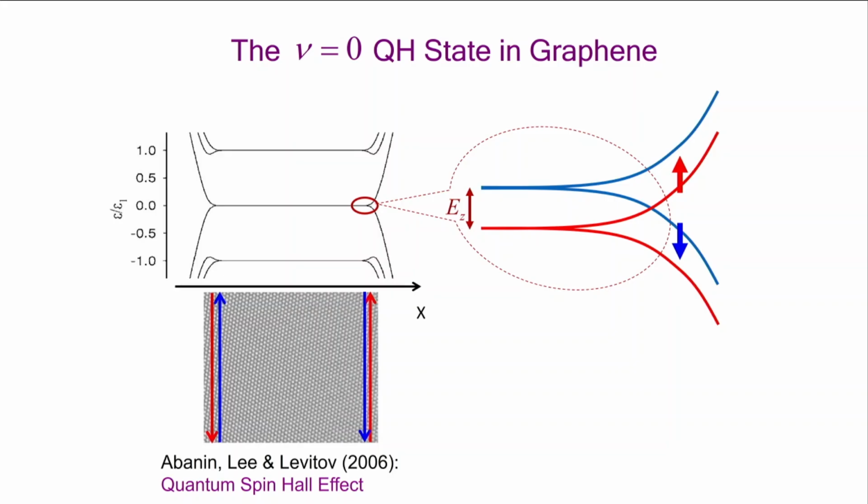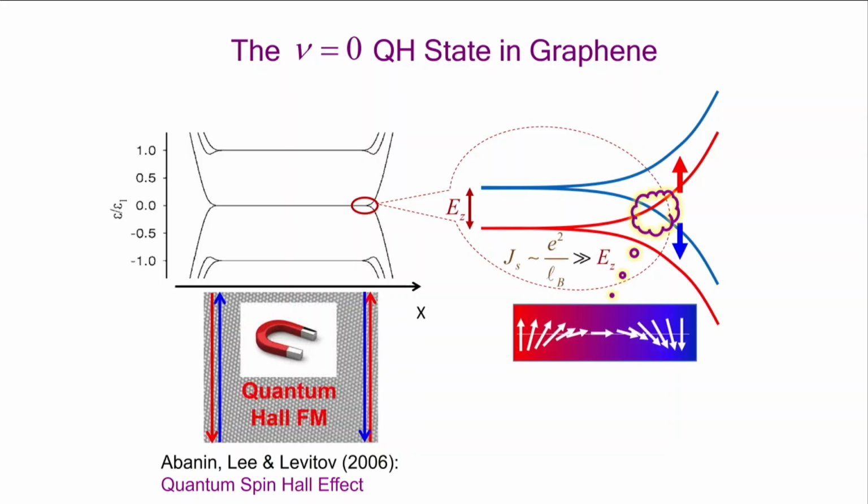You see in this crossing point, you're basically changing the lowest occupied level from spin up to spin down. So this is very costly, and what you're going to get is a smooth domain wall. Okay. So this is what interactions will do.